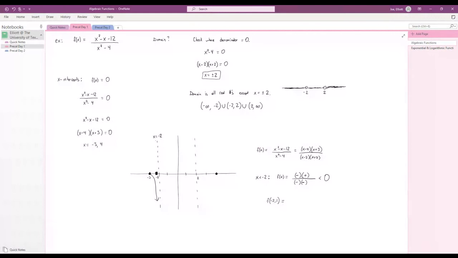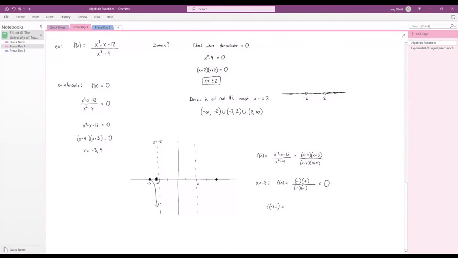Someone asked about the horizontal asymptote, so I also wanted to ask you guys about that. Looking at this example of this function here, does anyone know if it has any horizontal asymptotes, and if so, where?